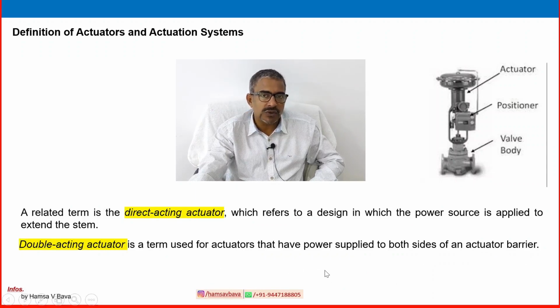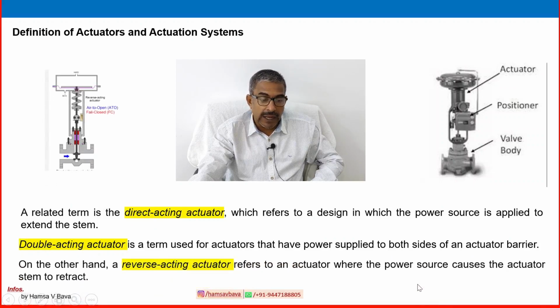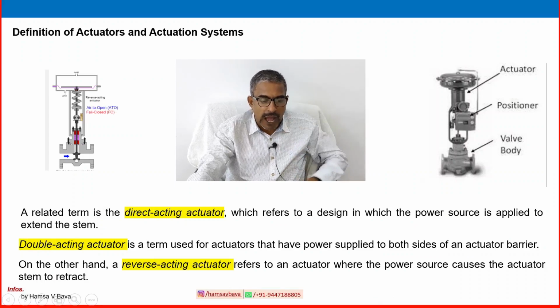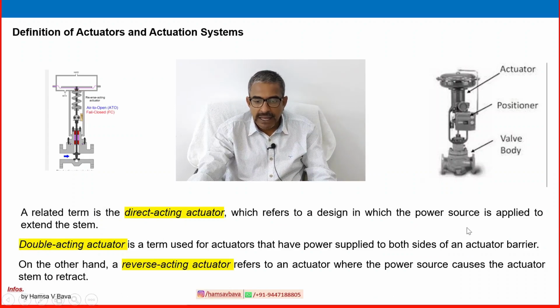In single acting the power source is on one side, in double acting the power source is on both sides, and then there are direct acting and reverse acting. When the power is given to the top, in the same direction the stem is moving, it is direct acting, and reverse acting is the opposite side. The air is given on the opposite side and it is lifting the stem and spring up. So in direct acting the source is applied to extend the stem.